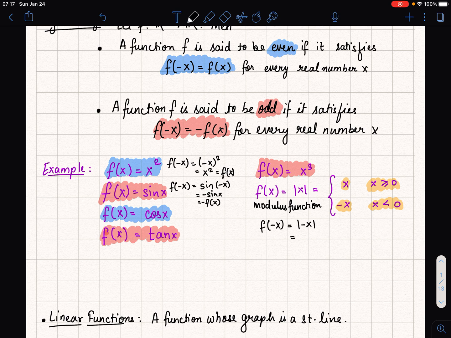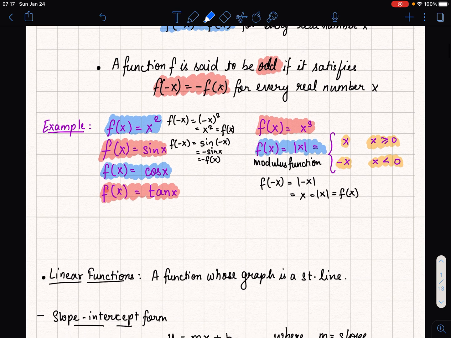Absolute value of minus x is x, which equals absolute value of x, which equals f of x. So clearly f of minus x is equal to f of x. So modulus function is again an even function. In this manner, you can check more functions yourself.